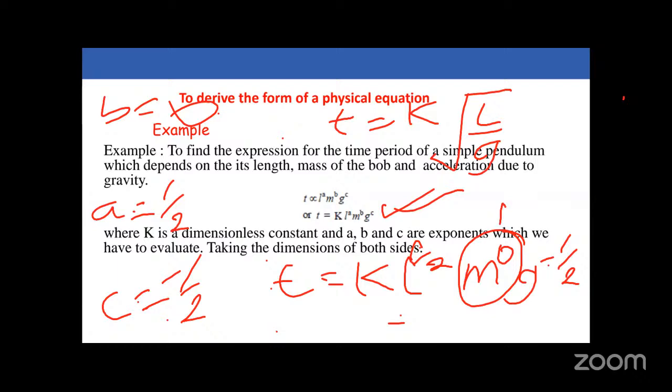So M will not appear in the expression, which simply means that the period of the simple pendulum depends on the square root of the length of the thread used and the inverse square root of the acceleration due to gravity.